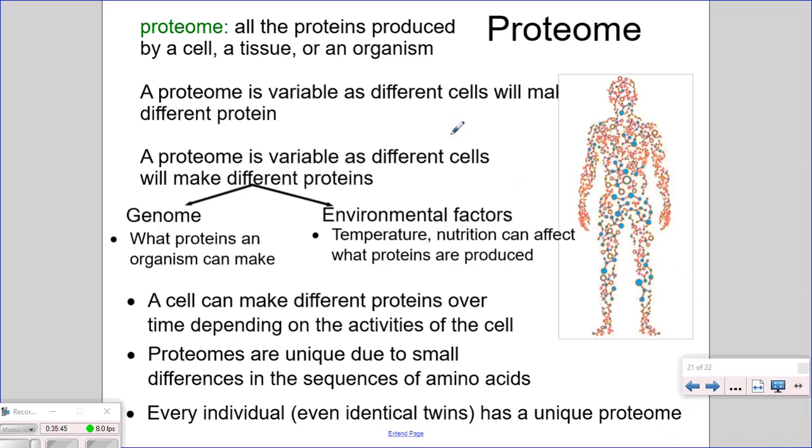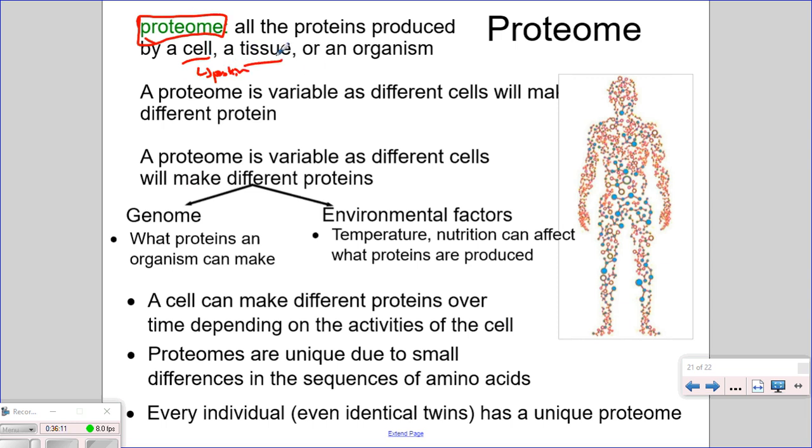And then the last little part here, so we talked about proteins here. If you consider all the proteins in an organism, in a cell, in a tissue, or just all together, this is referred to as a proteome. So it's considering all the proteins produced in a cell. If you looked at just a cell and looked at all the proteins that it produced, that would be the proteome of the cell.